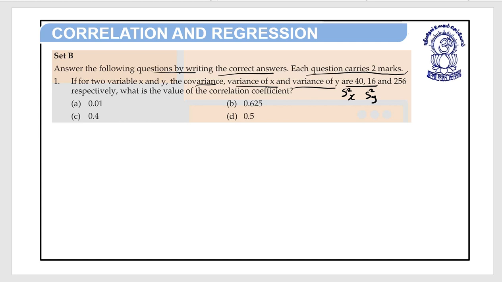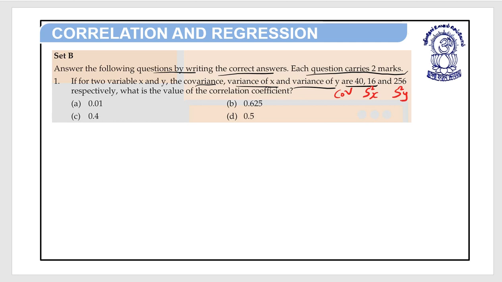So first is covariance, COV is 40, s square x and s square y. What is the value of the correlation coefficient?